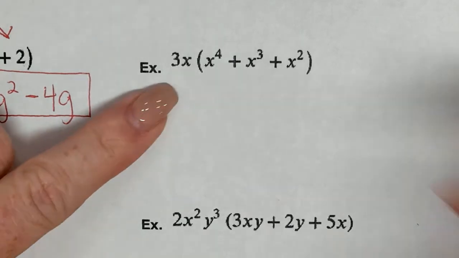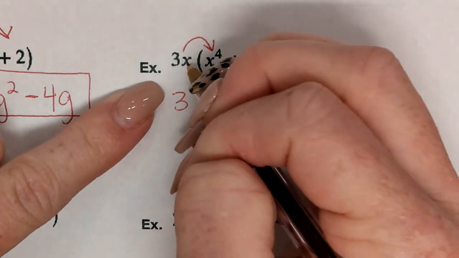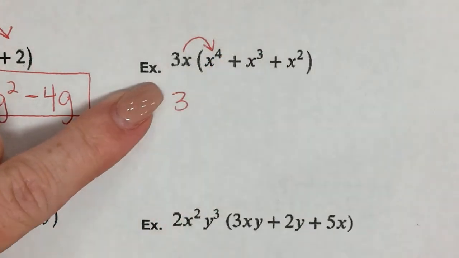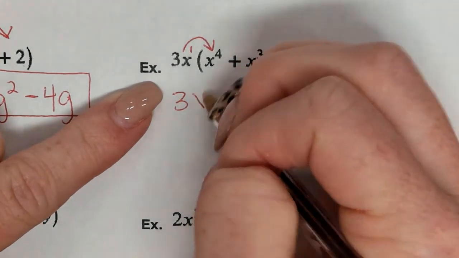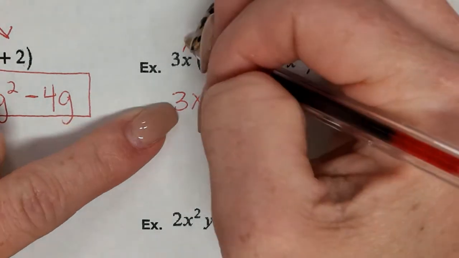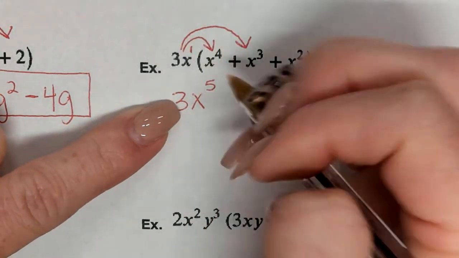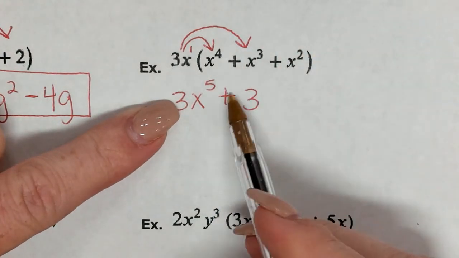Okay, let's check it. 3 times 1 is 3, and what's x times x to the 4th? Because I have a 1 right here, so x to the 5th. Did everybody get the first term correct? Perfect. Okay, 3 times 1 is 3, and make sure you bring that sign down.